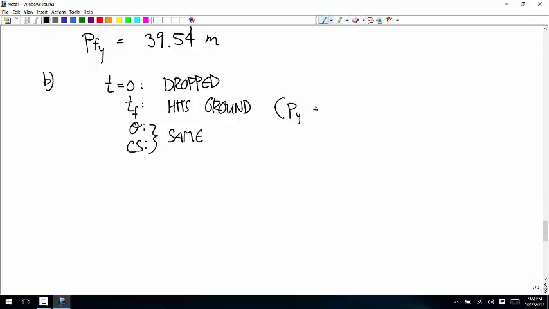y equals 0. Time final is what we're trying to find. The initial position is still the same. The final position, what do we know about that?